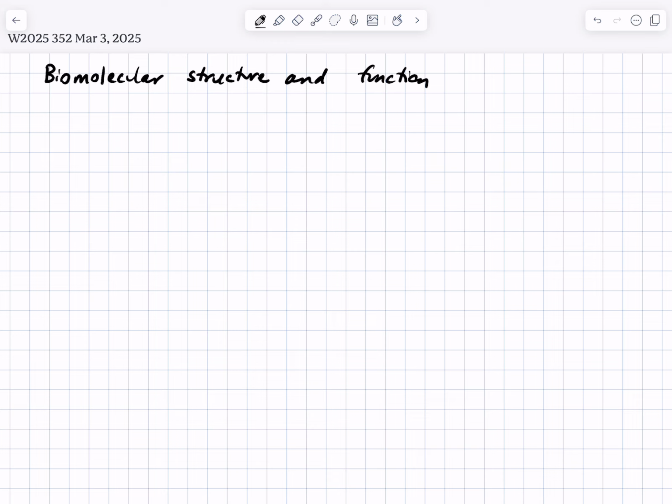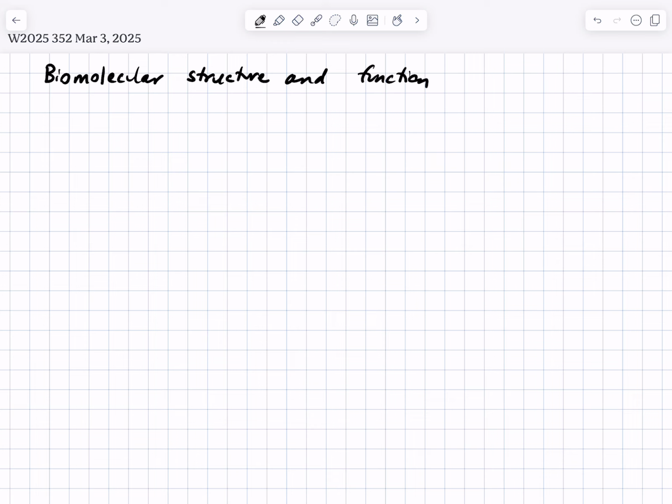As part of what we do, you'll be learning the names and one-letter codes and structures of the 20 amino acids, and you'll learn their side chain pKa so that you can make some sensible predictions about the shape and properties of a peptide or a protein. So we'll be a little bit flexible with the syllabus.